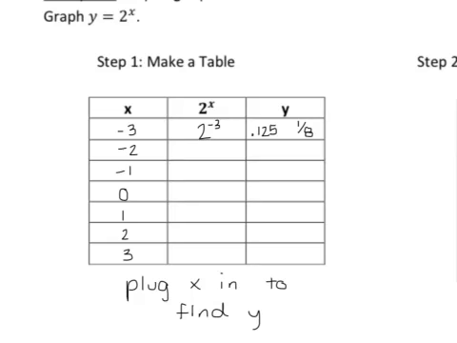Can you go down the line and figure all those out? Starting in the middle, what's 2 to the 0? 1. Anything to the 0 is 1. What's 2 to the first? 2. 2 squared is 4, and 2 cubed is 8.